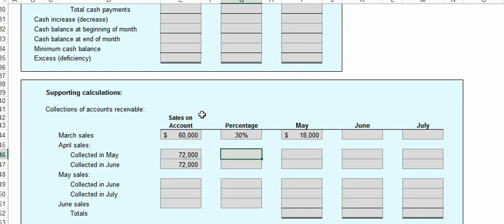May sales, April sales collected in May would be the 70%. So equals 72,000 times 70%, 50,400, and then 30% of the April sales made on account will be collected in May.